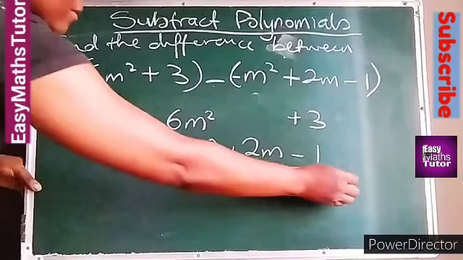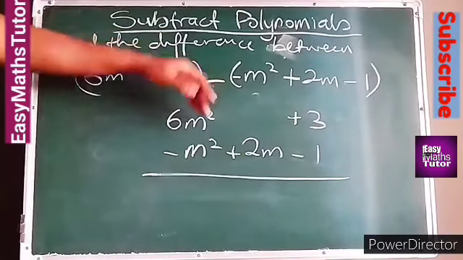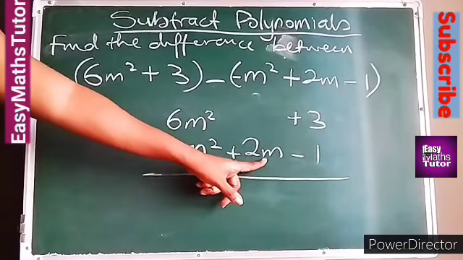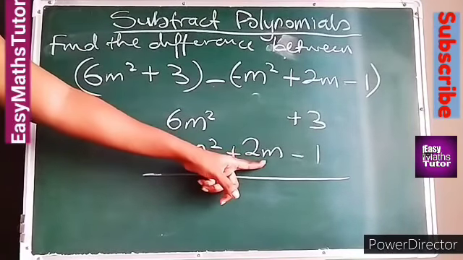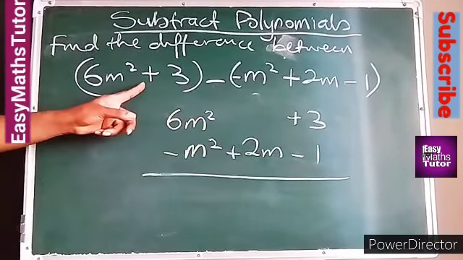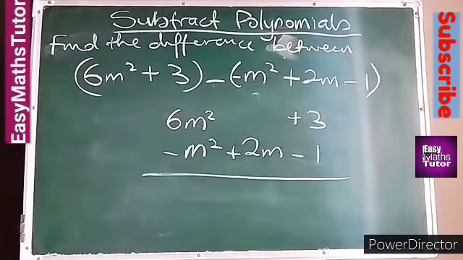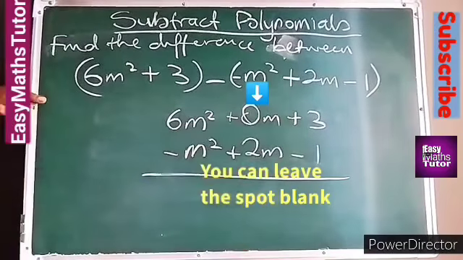Okay, see what I did there? I had to jump because there is no term with 1 degree in this polynomial. It's actually 0. So here there'll be a 0, so we can say plus 0m.